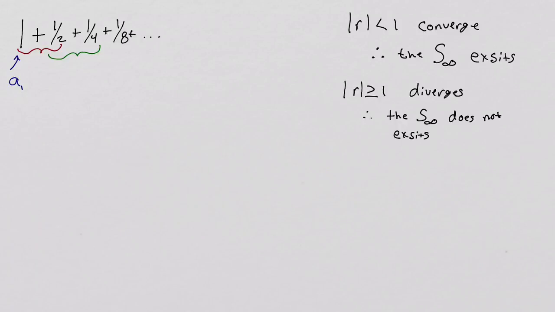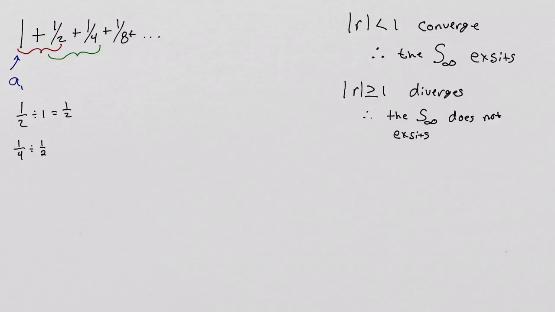So the first time we'll have 1/2 divided by 1, which is just 1/2. Now we can't stop there because that would just be a unique ratio, not so much a common ratio. That's why we want to do it at least twice. So next we're going to do 1/4 divided by 1/2.